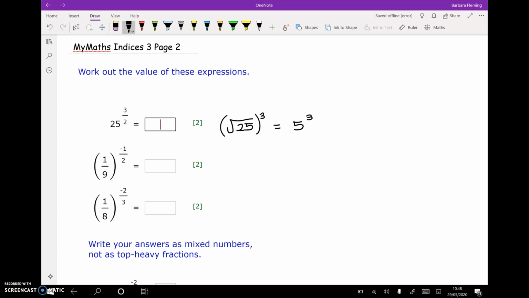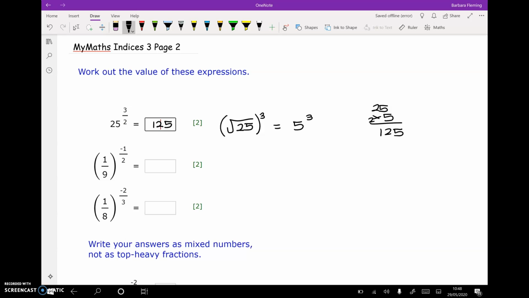So 5 times by 5 is 25, and then you've got to times that by 5 again. You might just know this answer straight away. 5 5s, 25, 5 2s are 10, and 2 is 12. So your answer is 125.